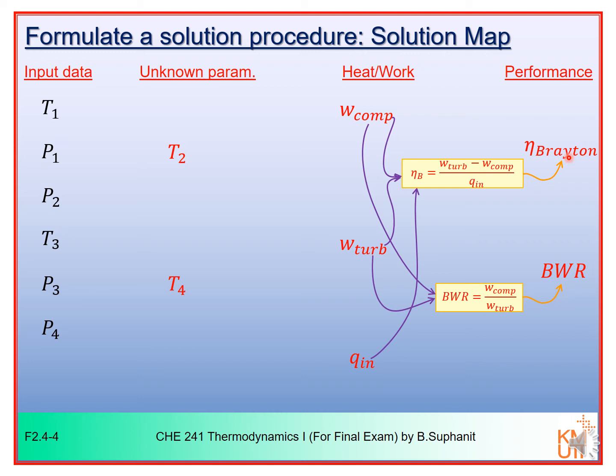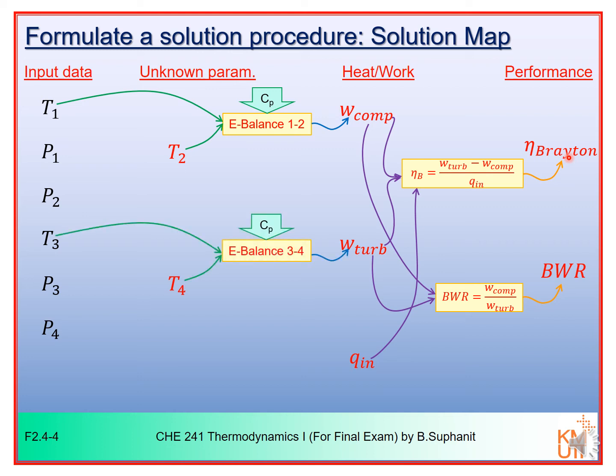The compressor work can be determined from the mass and energy balances of process 1-2. To achieve what we want, we need T1, T2, and Cp. However, we don't know T2 at this point. The turbine work can be determined from the mass and energy balances of process 3-4.